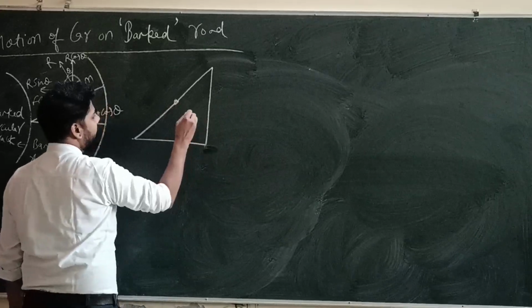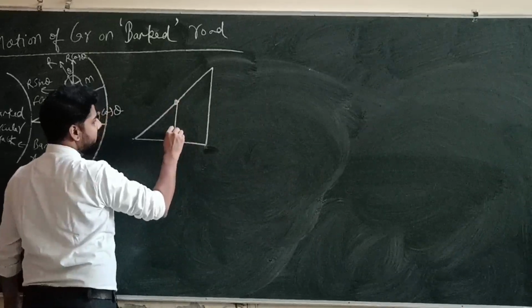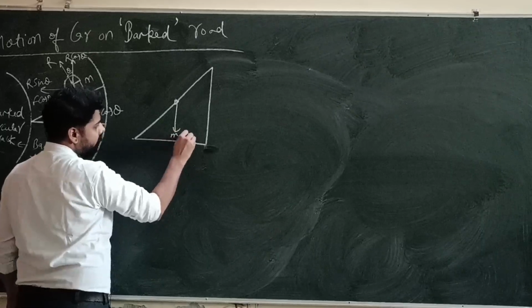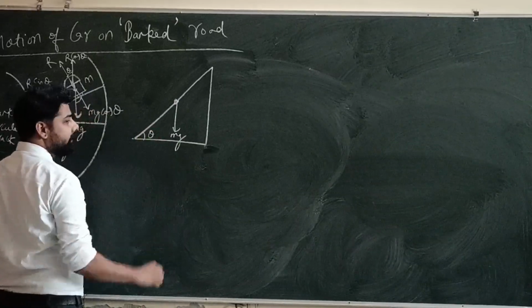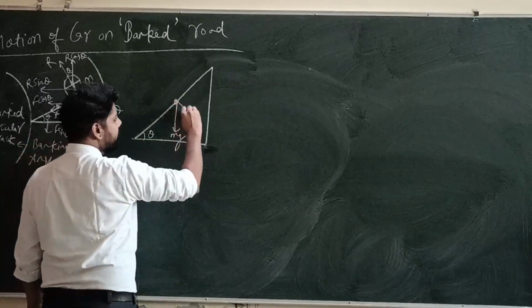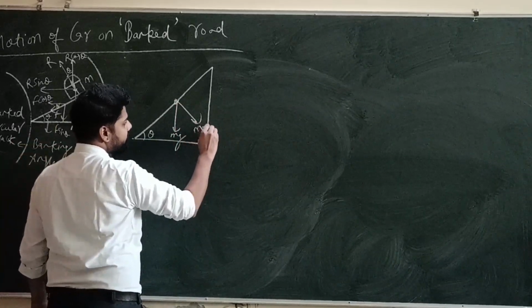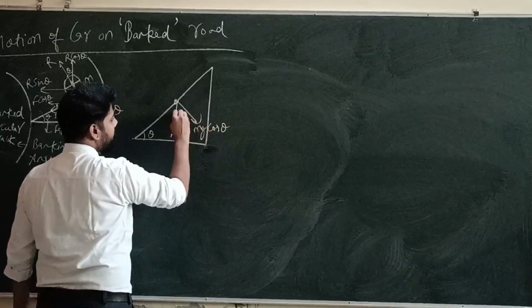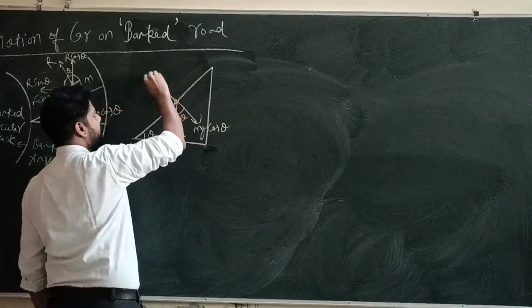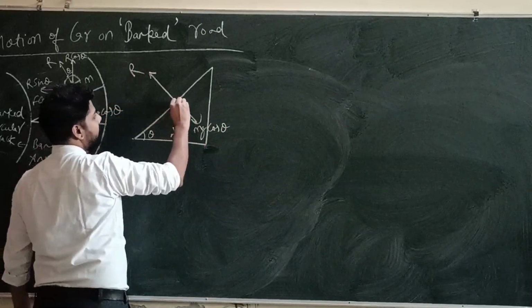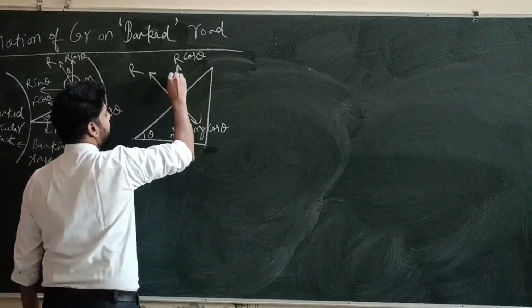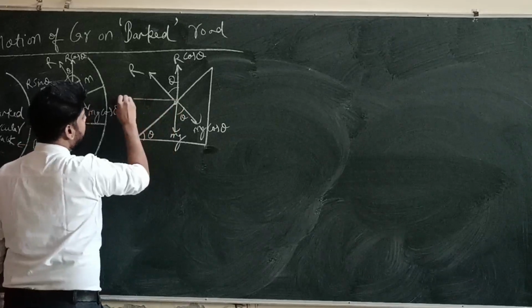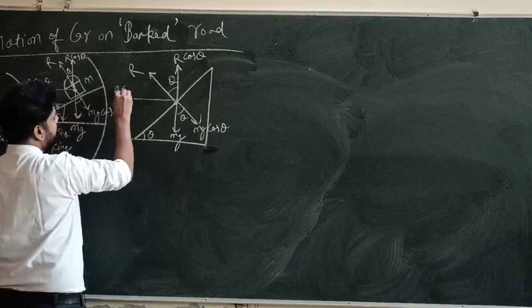This is the body. Here mg, that is the weight, is acting. This is the angle of inclination or the banking angle. This is mg cos theta. This is R, this is R cos theta, and this is R sin theta.